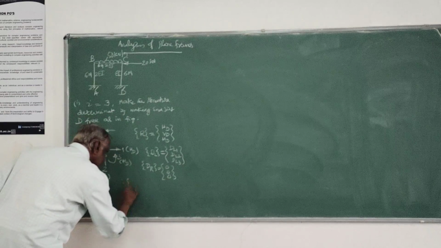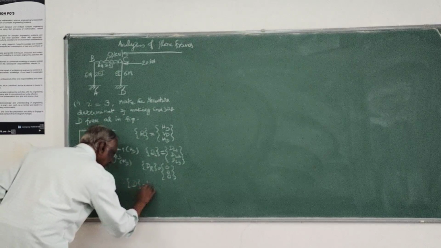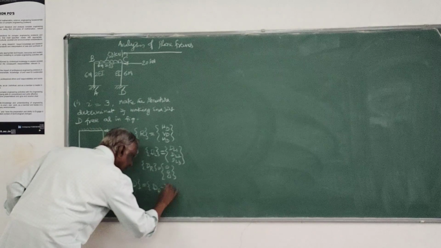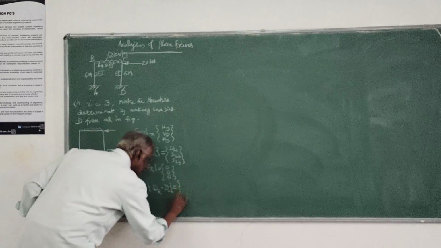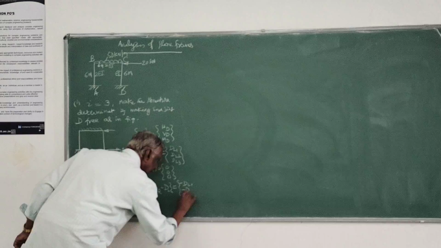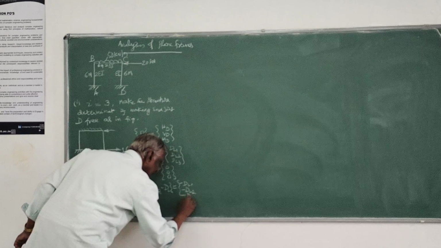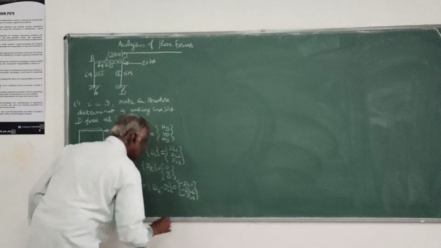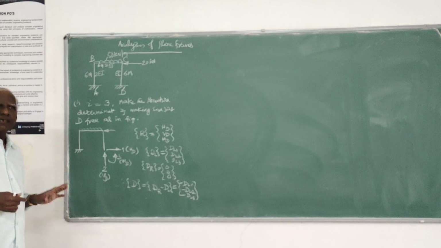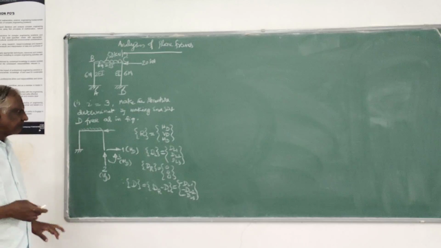Therefore, this net displacement, which is nothing but Dr minus DL, is just minus DL1, minus DL2, minus DL3. These DLs we have to determine. That is our next second step.